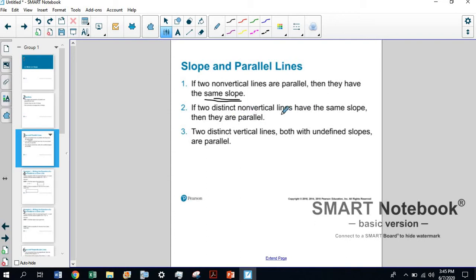If they are both vertical, meaning they have undefined slopes, then they're also parallel. So undefined can't be equal to undefined, but if they're both undefined, we can say that they're both vertical lines and therefore they're also parallel.